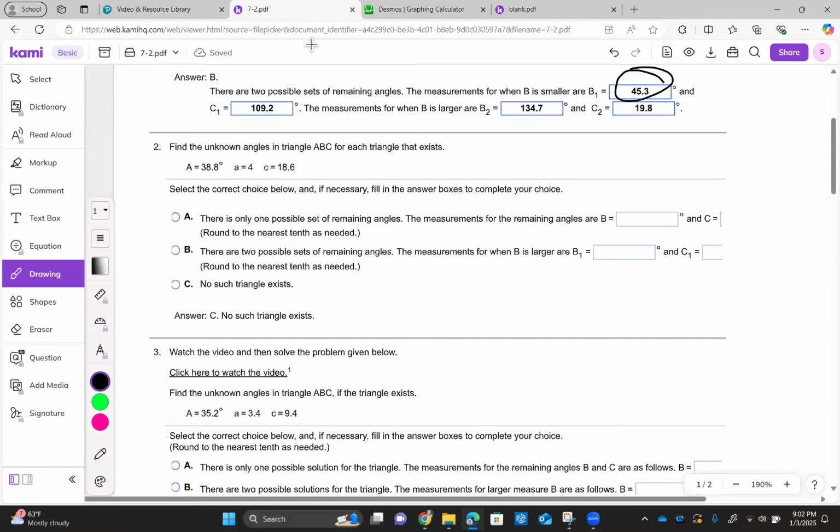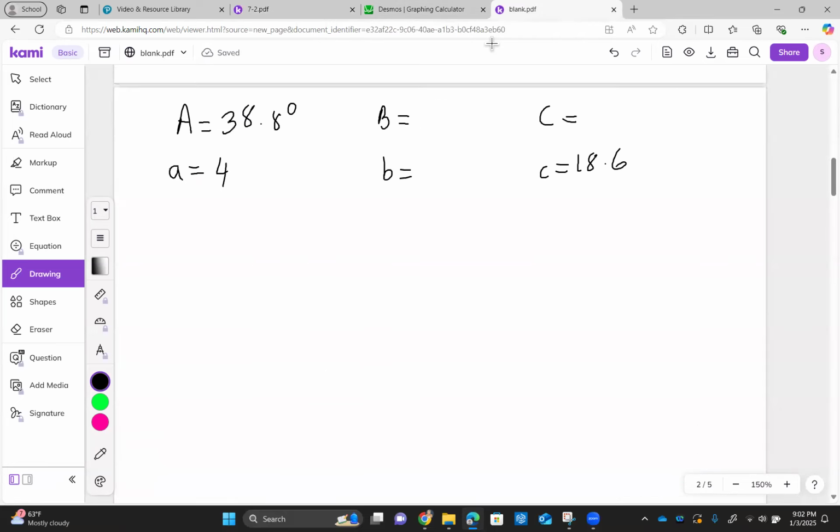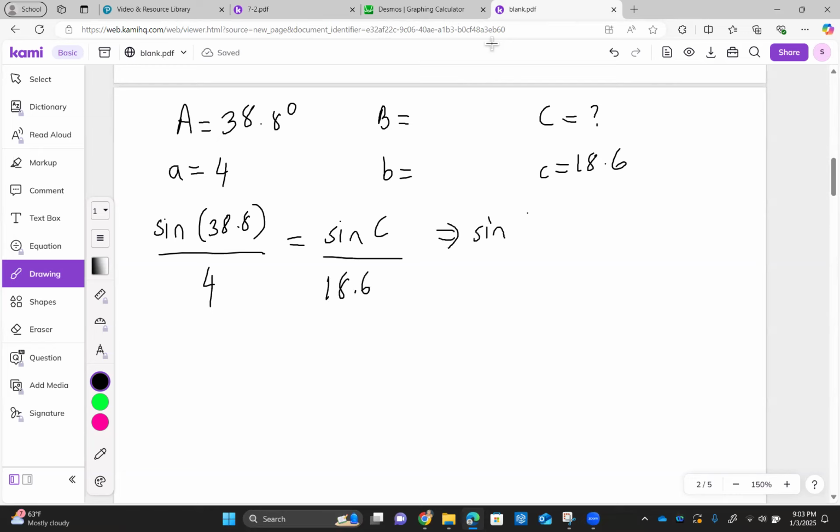For this question, find the unknown angles in this triangle for each triangle that exists. So it requires us to find the missing angles. The first angle I can locate is actually angle C, because I can set up a proportion as sine of 38.8 over 4 is equal to sine of C over side C. And when we do cross multiplication, sine of angle C will be calculated using 18.6 times sine of 38.8 over 4.